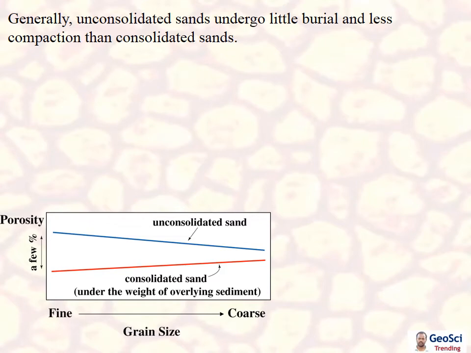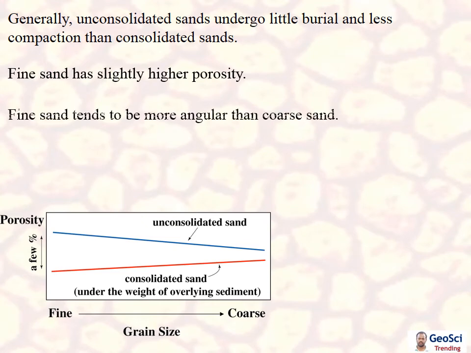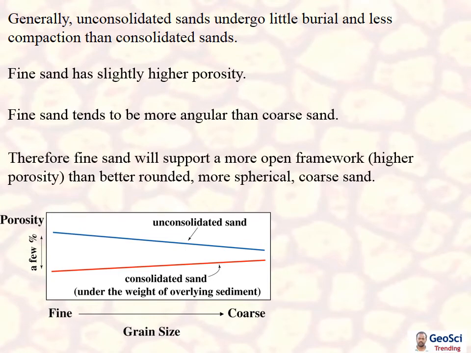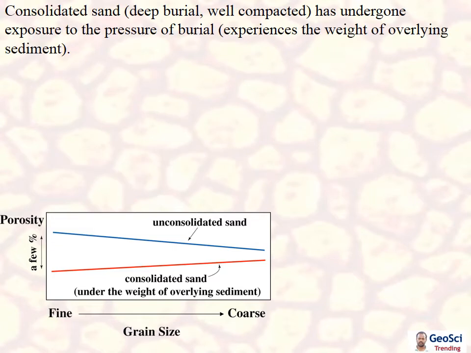Generally, unconsolidated sand undergoes little burial and less compaction than consolidated sand. Fine sand has slightly higher porosity. Fine sand tends to be more angular than coarse sand. Therefore, fine sand will support a more open framework than better rounded, more spherical coarse sand.